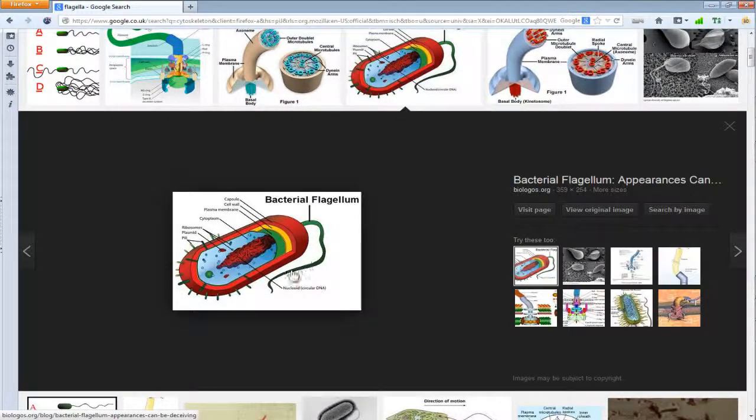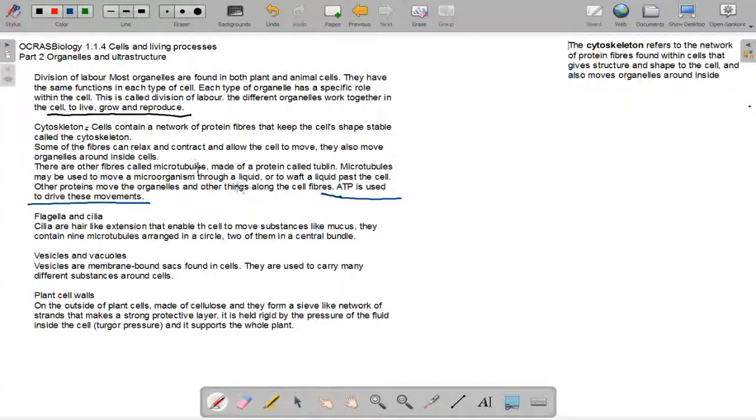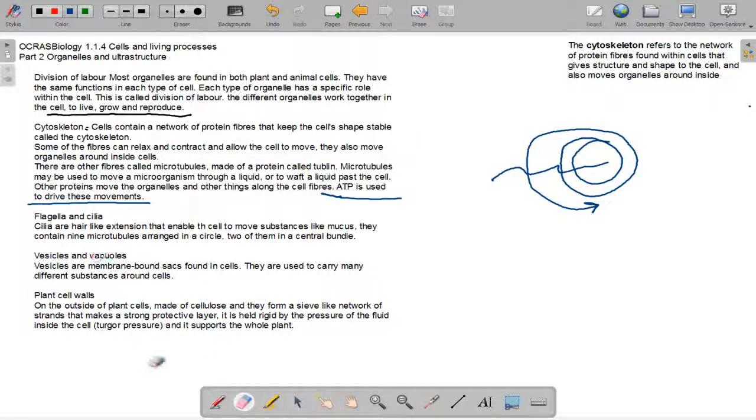So it's just basically the floppy, the long tail, but it's stimulated, and they move in an oscillating circular motion, almost a bit like this. So they spin. So there's your sperm tail, and they just spin in a clockwise or anti-clockwise direction, and this movement is what allows them to move around.